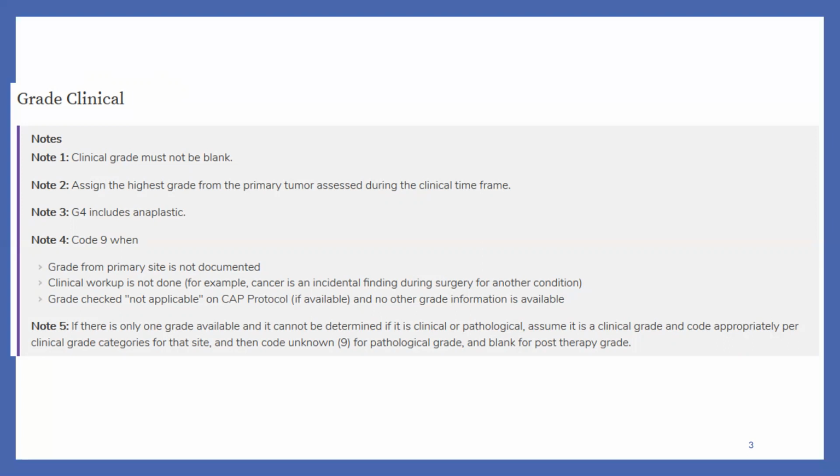Note 5, if there is only one grade available and it cannot be determined if it's clinical or path, assume it is clinical grade and code it appropriately in the grade clinical field, and then code 9 for the grade path and blank for the post-therapy grade.